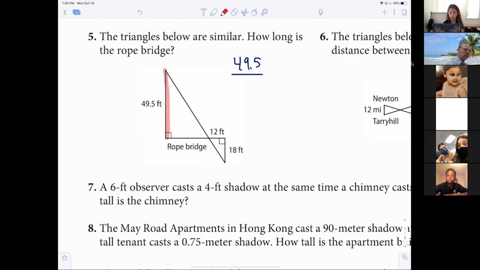Hold on. Okay, so it would be 18. There you go, I like that. Sorry, I saw it, my bad. You're good. And then you would do 12 over, in the rope bridge, you can just say that's X. You could do 12 over X. Would I really? Yes, you could really do 12 over X.